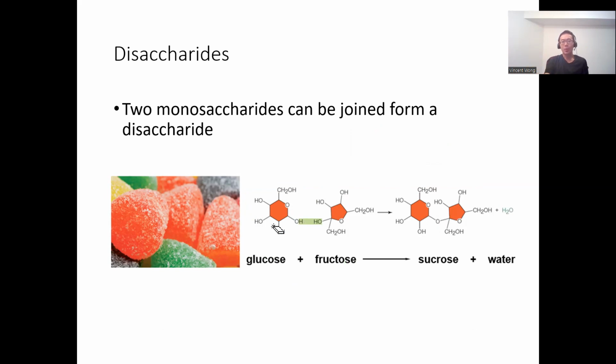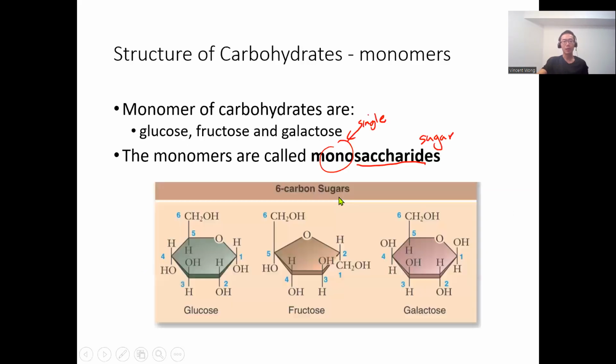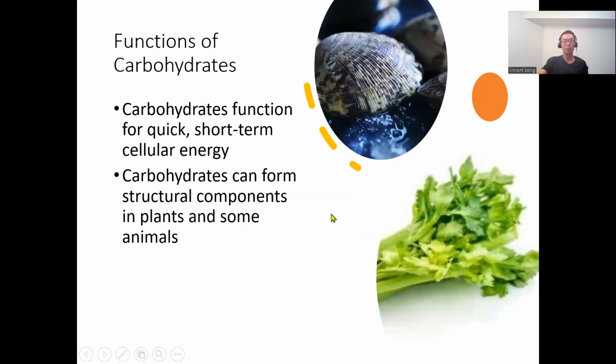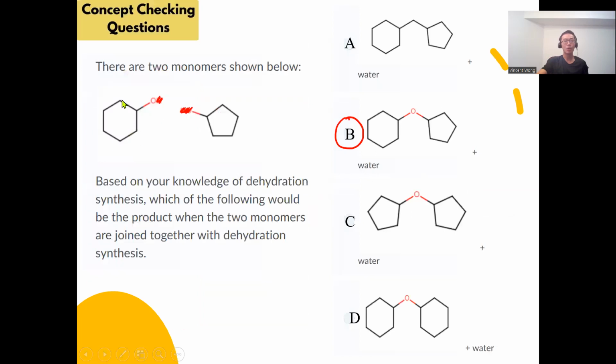That's why I didn't show you the whole thing at the beginning, because it's super confusing. That's why in the poll question, I only showed you the hexagon and the pentagon. So that could be a glucose and that's a fructose.